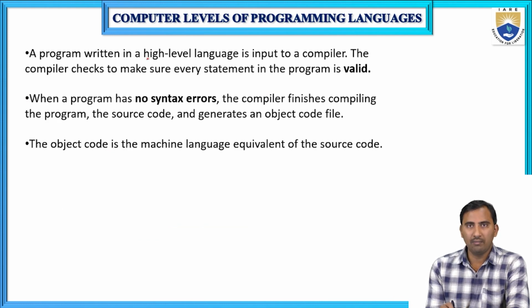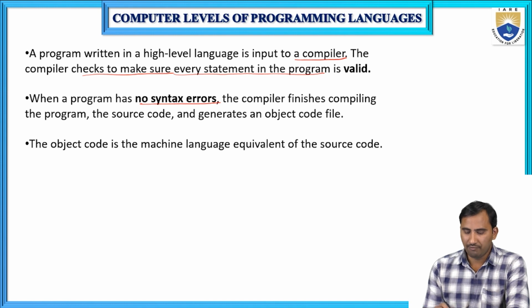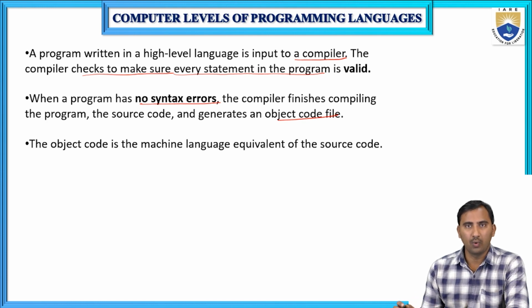A program written in a high level language is input to the compiler, and it checks the program to make sure every statement is valid. It checks for syntax errors. If no syntax errors are there, it will do the compilation successfully. Finally it generates an object code, which we give to the processor in order to execute the program.